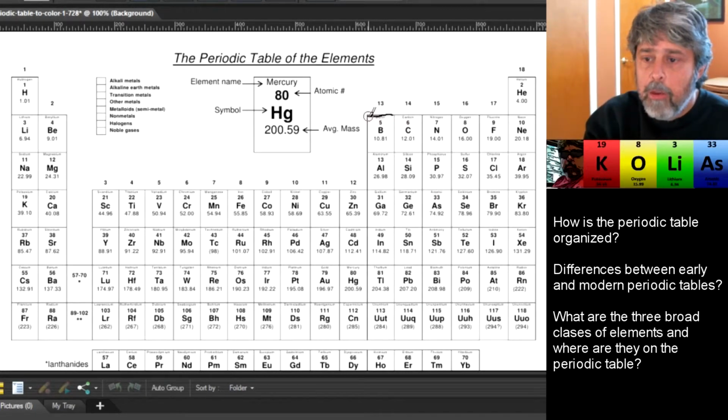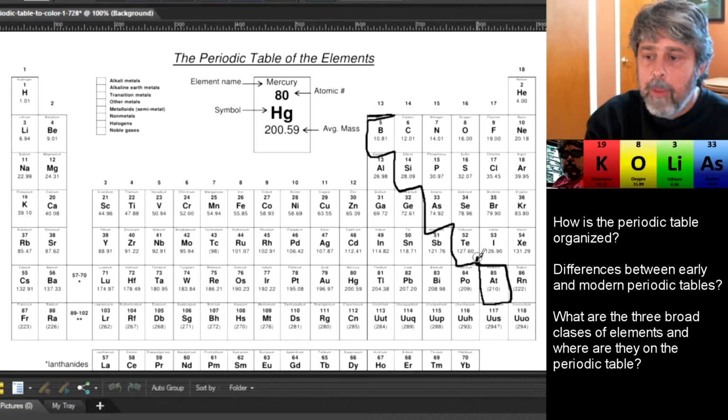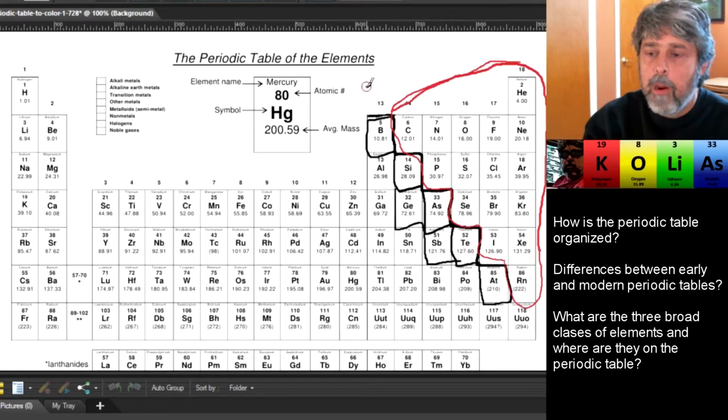I'm going to draw a little staircase around the metalloids. They kind of look like a staircase because they go up and down. Okay, there's not that many of them. Again, here, I'm putting a box around all the metalloids. And then there's a couple of them down here. Okay, so up here in this upper corner are your nonmetals.